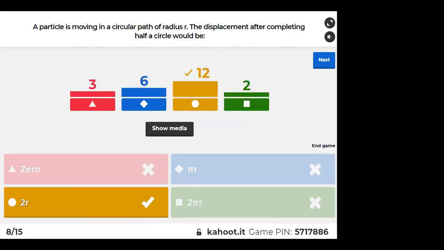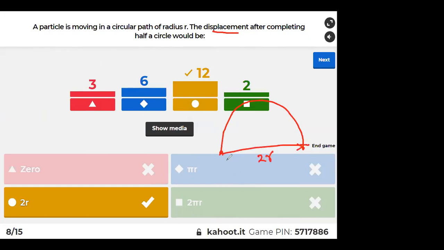We have done this, right? I asked this question in class 7. And you guys are making mistakes. See, displacement after completing a half circle, right? Displacement is the shortest path between the initial and final points, which is this one. What is this? This is 2r.